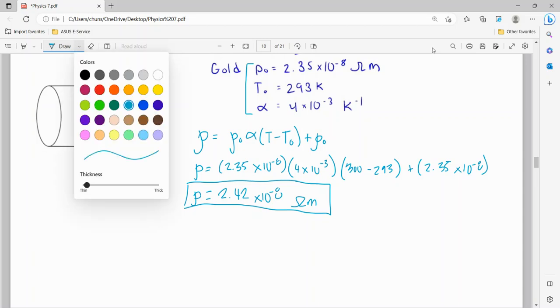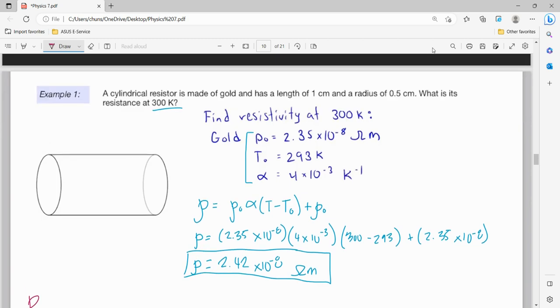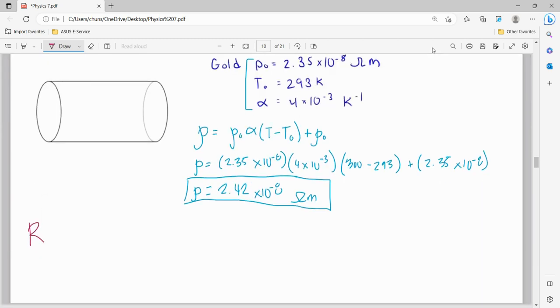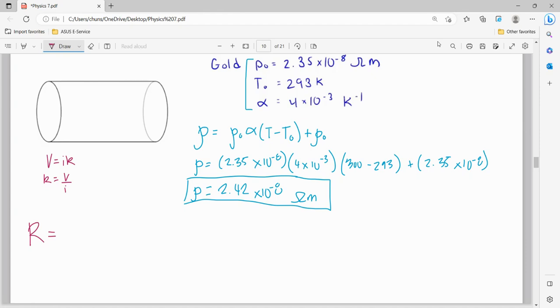Okay, and we're going to plug it into this equation here. So we're looking for resistance, and if we look at our V equals IR equation from Ohm's law, you can see that R would be equal to V over I. So in this case, we're going to use this equation, our resistivity times our length over our area.